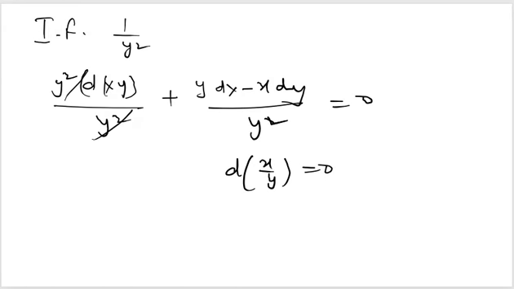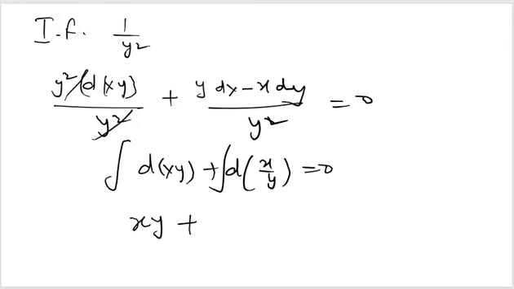On this side y square cancels. We have the derivative of a product. So now it is integrable. The integration of d of xy is xy. The integration of d of x by y is x by y, plus the constant of integration. This way we find the answer, so we got the solution.